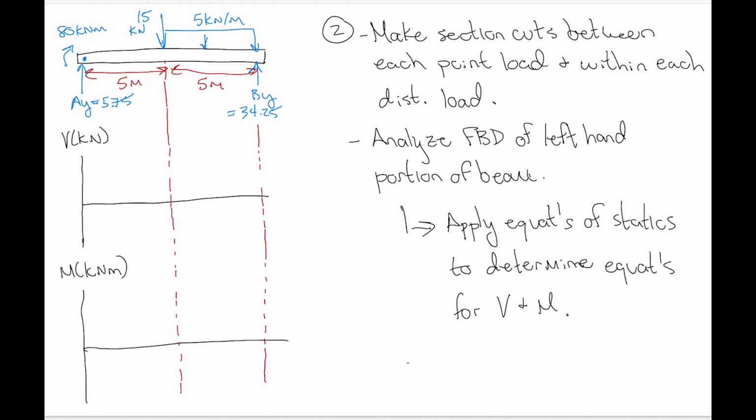And importantly here, when we're analyzing that left-hand portion of the beam, we always draw our internal shear and internal moment in what we've defined as the positive orientation, regardless of what their real orientation is.